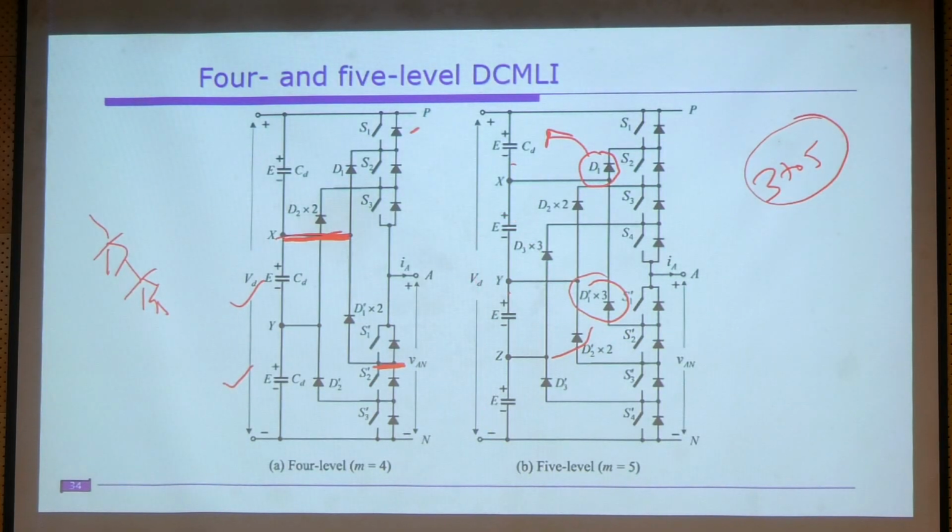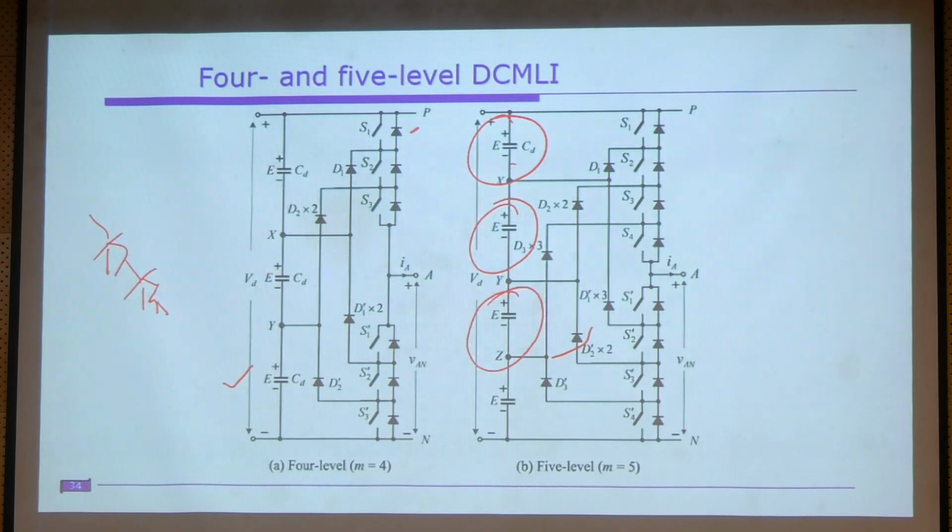If you have two capacitors, that's fine. If you have 4 capacitors, you need to maintain all these capacitor voltages at fixed values, which is even more complex. So that's why we normally restrict ourselves to 3 level, 4 level, or at max 5 level, not beyond that.